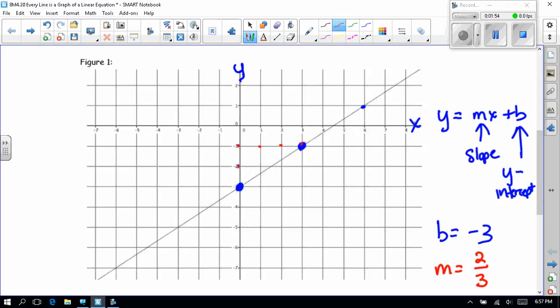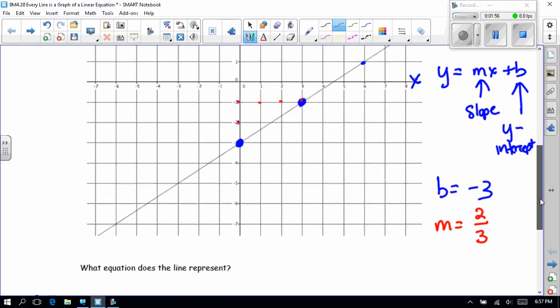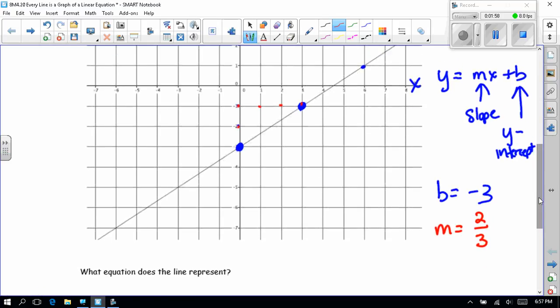So our slope is 2/3. Writing the equation: y equals my slope, my m, is 2/3, x minus 3, my y-intercept. That's how you do it.